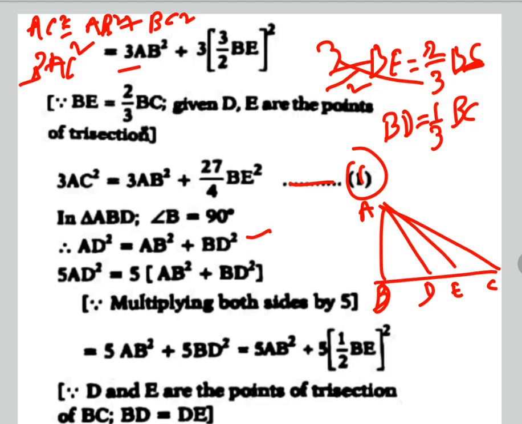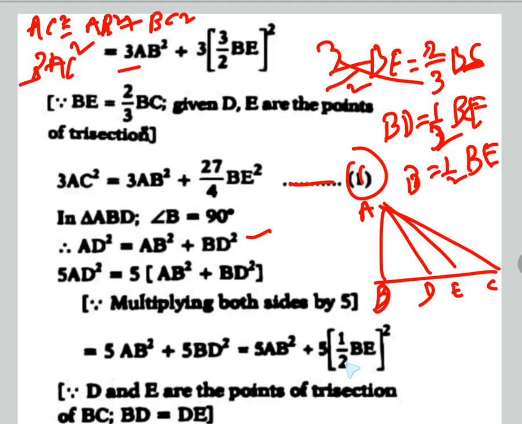Multiplying this by 5, 5 AD square is equal to 5 AB square plus 5 BD square. What is BD equal to? We can write 1 by 3 BC, or 1 by 2 BE also. BD is equal to 1 by 2 BE or 1 by 3 BC.